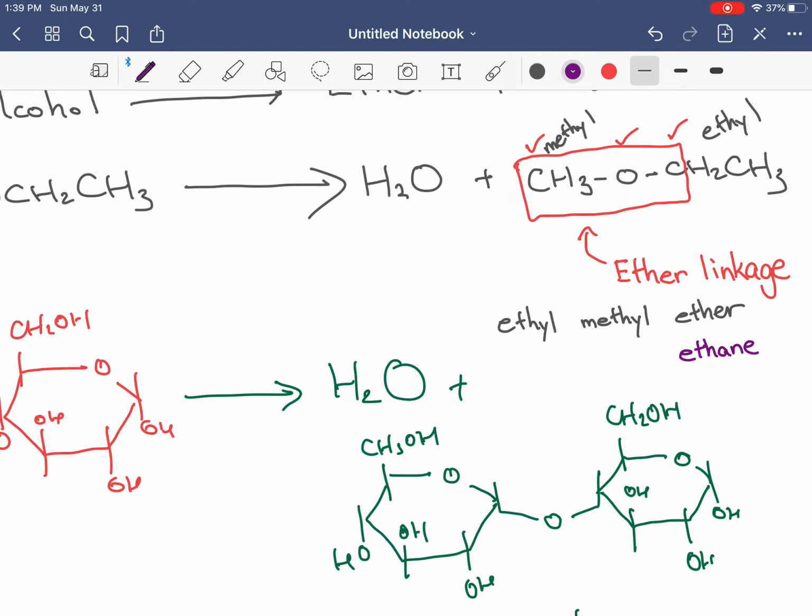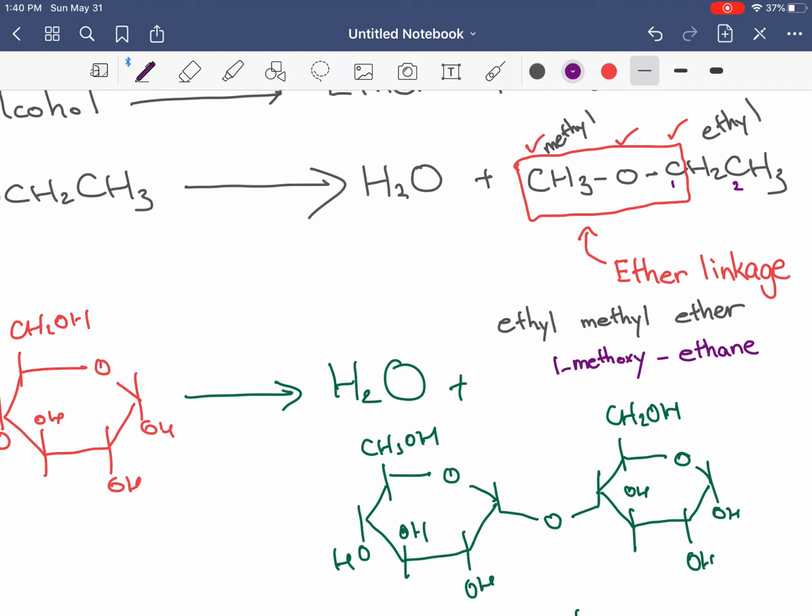If this is just acting as a side group, you would say this is going to be carbon number 1 and this is going to be carbon number 2, because that's the only side group that you see. This right here is called methoxy. So this is called 1-methoxyethane.